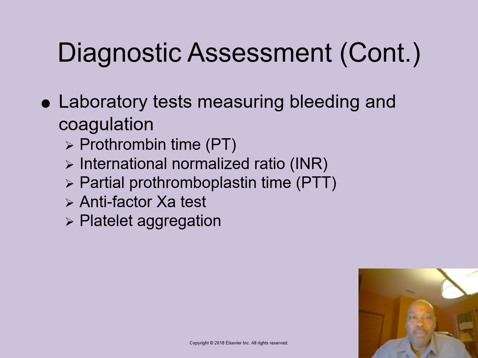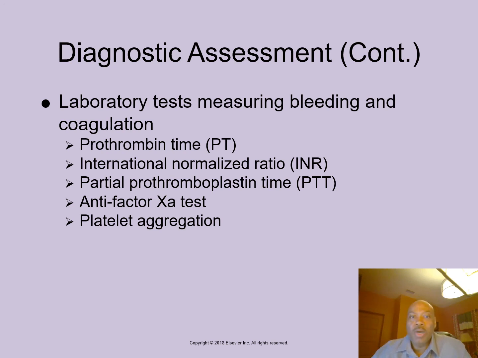And we also have platelet aggregation, and this is the ability for the platelets to clump. This is tested by mixing the patient's plasma with an agonist substance that causes clumping.